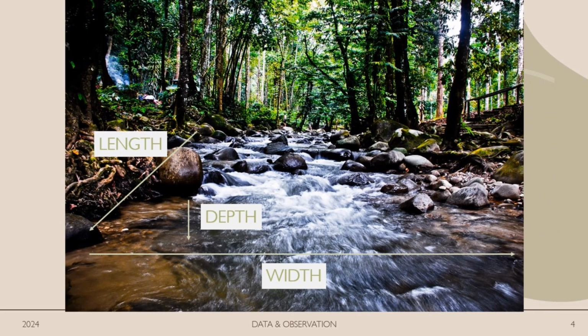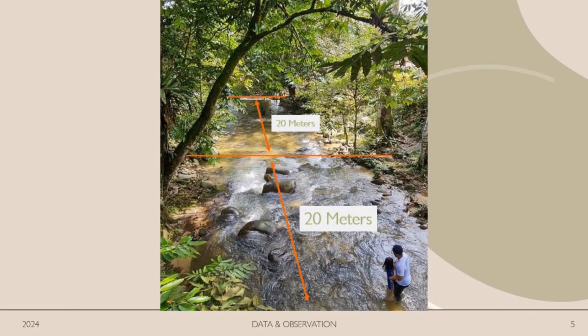This is to show how the cross-section will be taken to measure the river. Since the river that we took is 100 meters, we must split it into 5 sections. Each section is split by 20 meters, as shown in the figure.